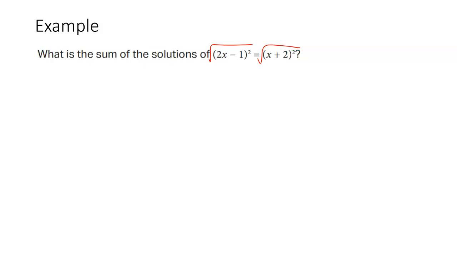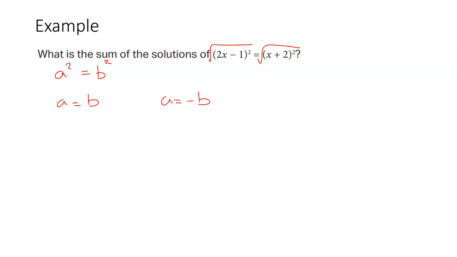Okay? If I have something squared equal to something else squared, when I square root both sides, yes, I still have a equals b, but I also have a equals negative b. Because when you square root something, you have a positive and a negative answer. Okay? So you have to include the fact that, hey, we're going to have a negative answer too.